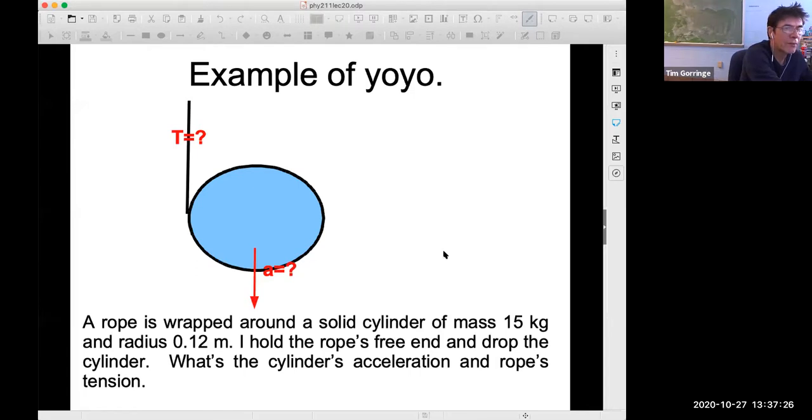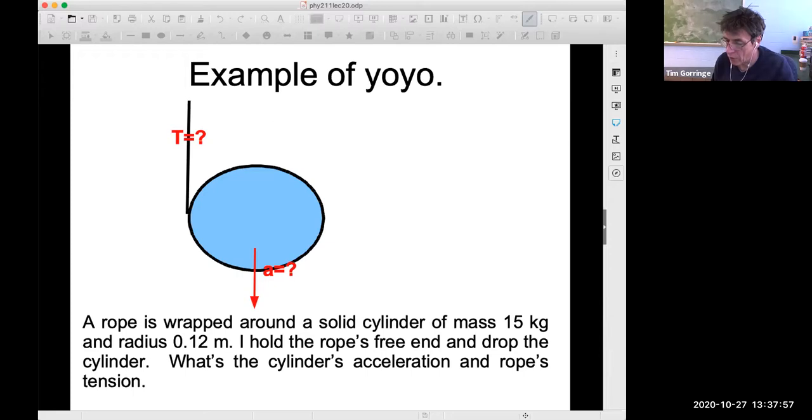I'm going to get chat back on as well. Except that in the case of the bucket and the pulley, one object was translating and one object was rotating. In the case of the yo-yo, it's one object that's undergoing both translational motion and rotational motion.